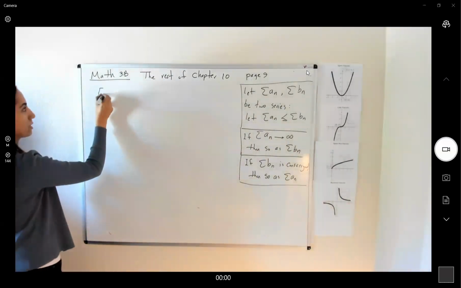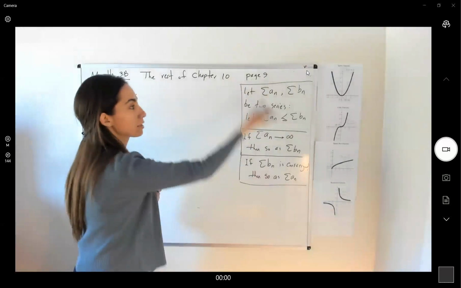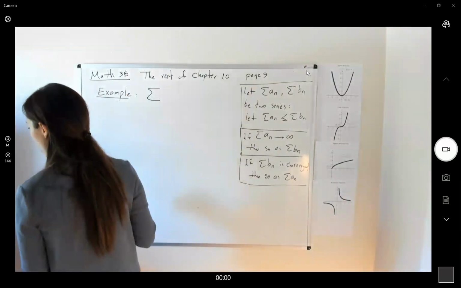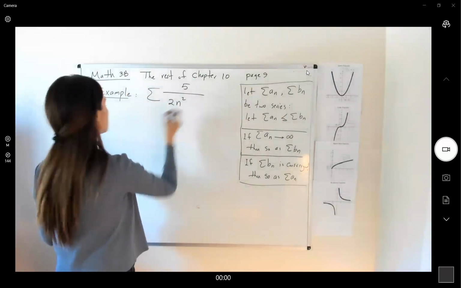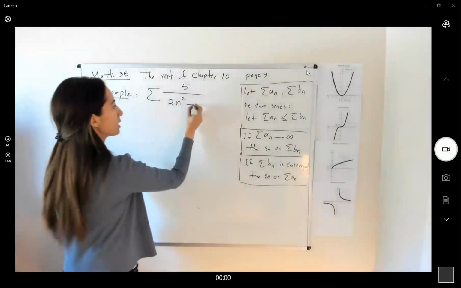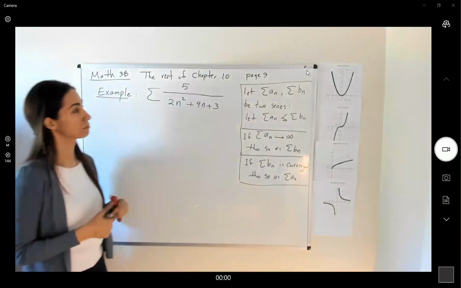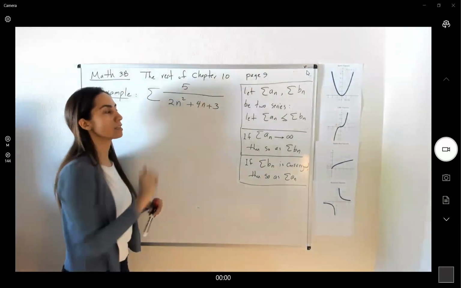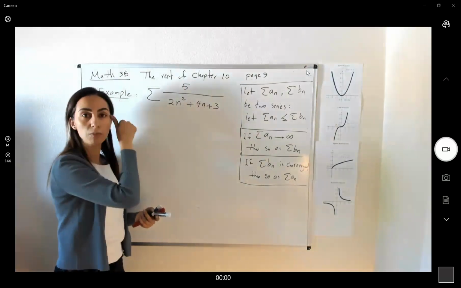For example, let's look at one example to feel more comfortable about this technique. You have series 5 over 2n squared plus 4n plus 3. There you go. When you have series like this, you have something on the denominator.